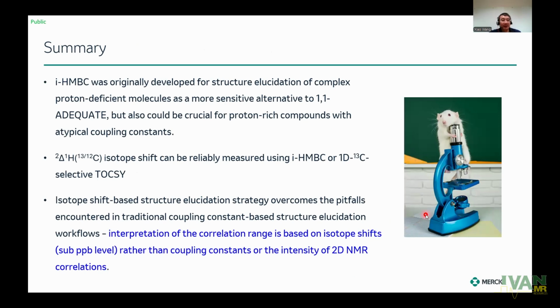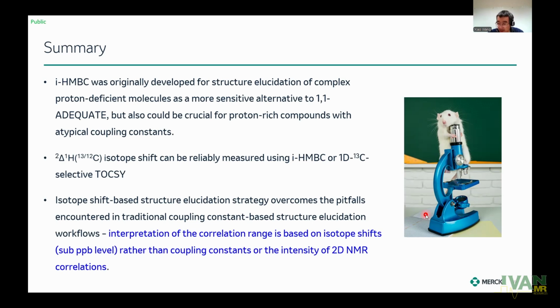Okay, to summarize, i-HMBC was originally proposed to solve complicated proton-deficient molecules, for structural elucidation of proton-deficient molecules, and basically the aim was to develop a more sensitive 1,1-ADEQUATE analog. But now we find that it could also be crucial for proton-rich compounds with atypical coupling constants.